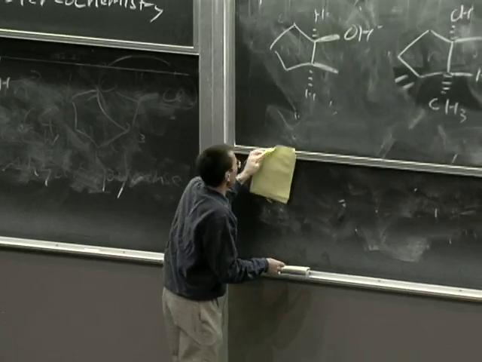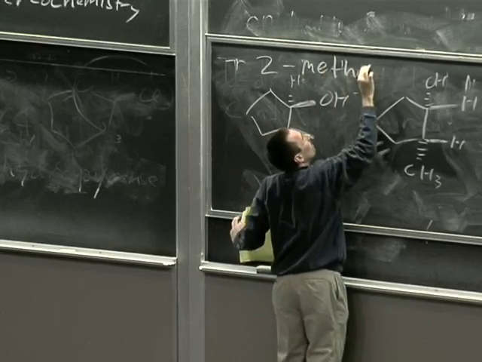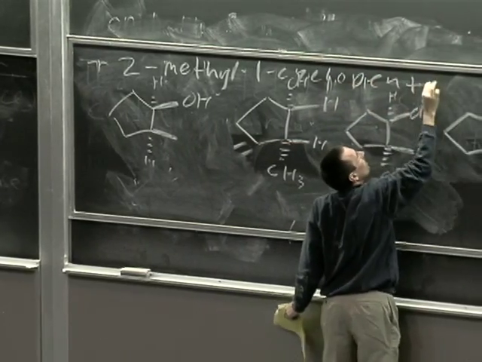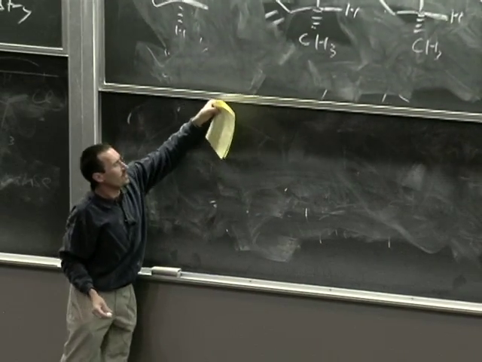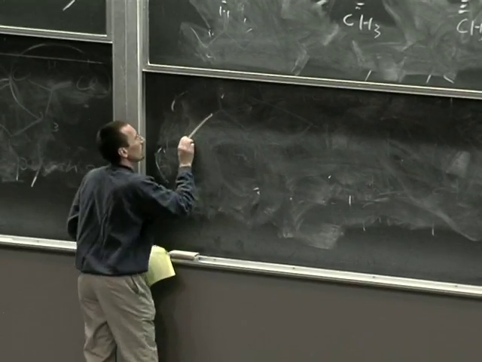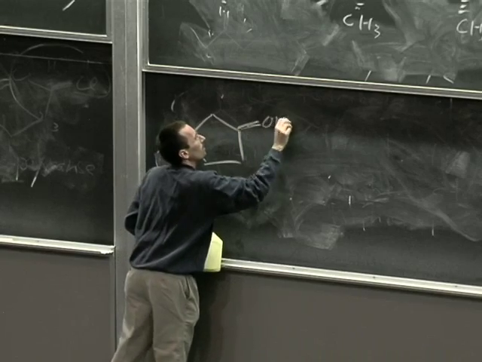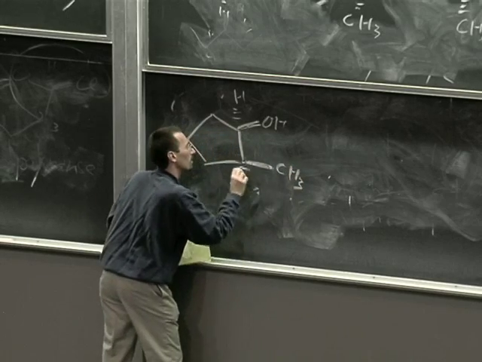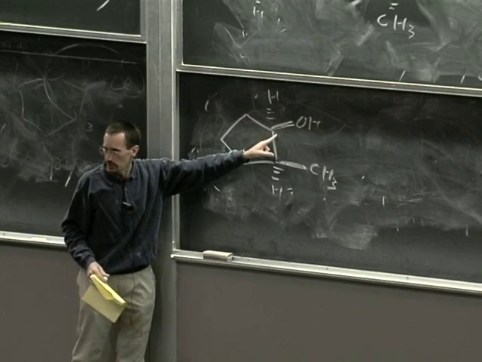So remember, this molecule was 2-methyl-1-cyclopentanol. I'm just going to start with the molecule on the left. In my previous lecture where I had all of these and I projected them, I called it molecule A. I'm going to start with the stereogenic center at the 1 position.